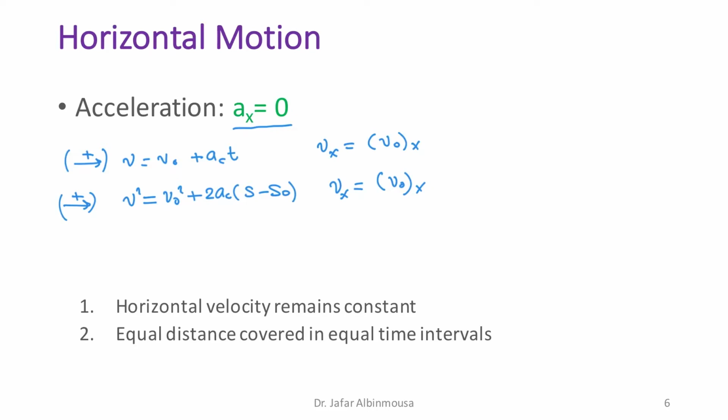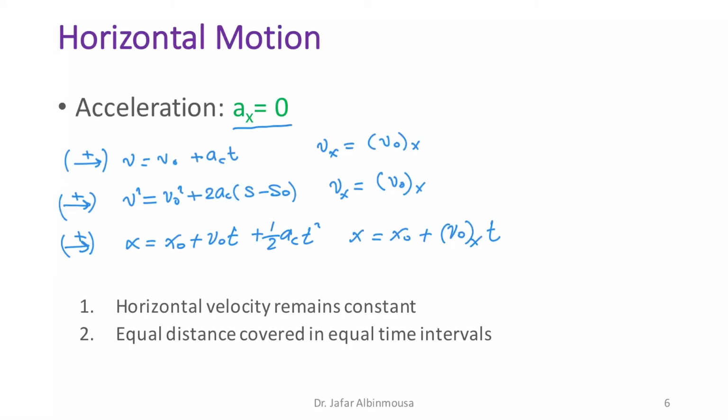We go to the third equation, x equals x0 plus v0 t plus half a_c t squared. For this, we get x equals x0 plus v0x multiplied by t. Again, for the same reason, the last part is gone because the acceleration is 0.